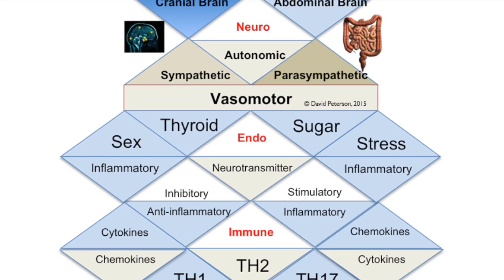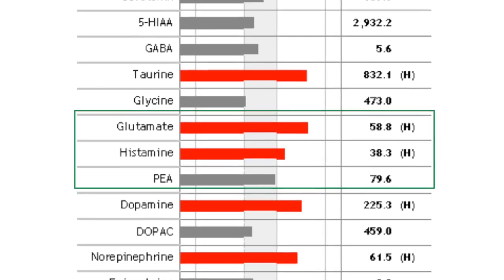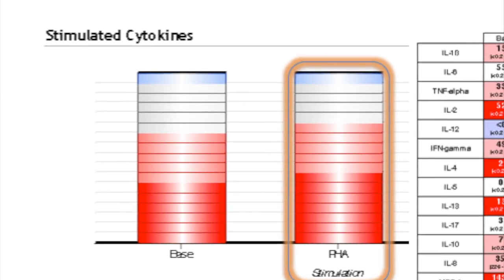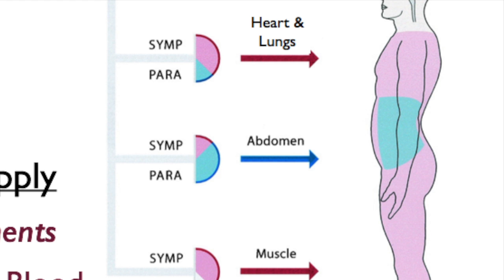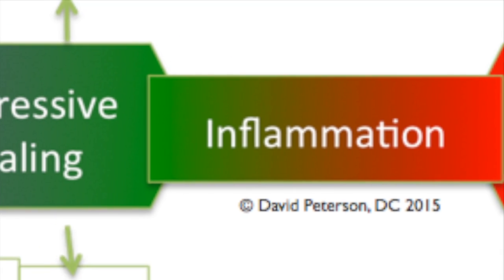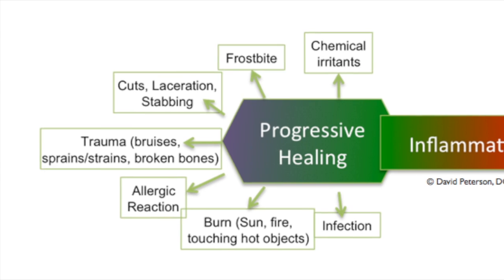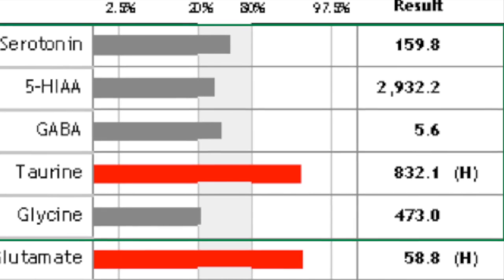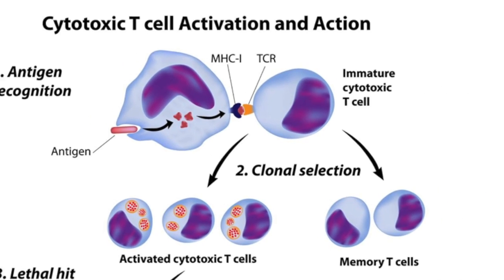The whole point is to generate enough inflammation to combat the threat through the acceleratory neurotransmitters, inflammatory cytokines and chemokines, white blood cells, and the vasomotor system, and then cool, repair, and close up the area of injury, ending the inflammation through the inhibitory neurotransmitters, anti-inflammatory cytokines and chemokines, and white blood cells.